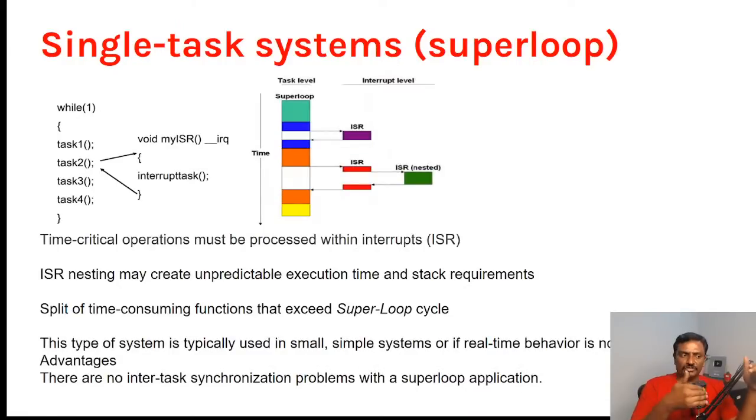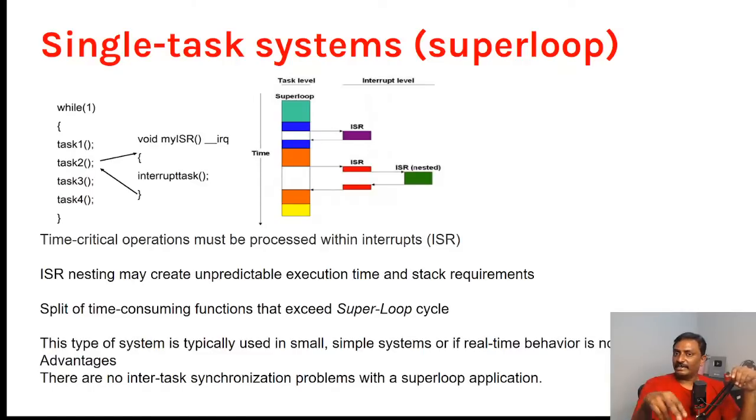Most embedded system designs are based on simple while loop programming. That is the super loop concept. You have a while loop with multiple tasks: task 1, task 2, task 3, and task 4. The processor executes the tasks one by one. Whenever an interrupt occurs, it goes to the interrupt service routine.